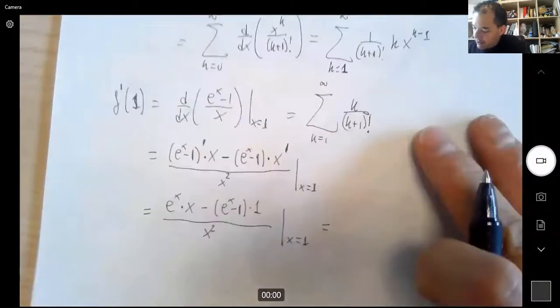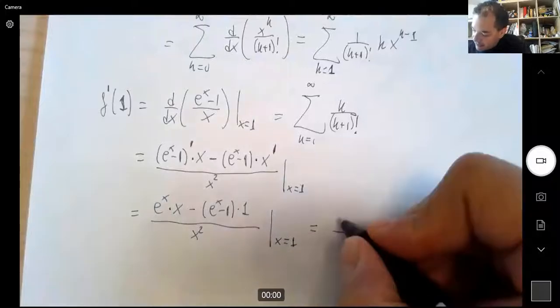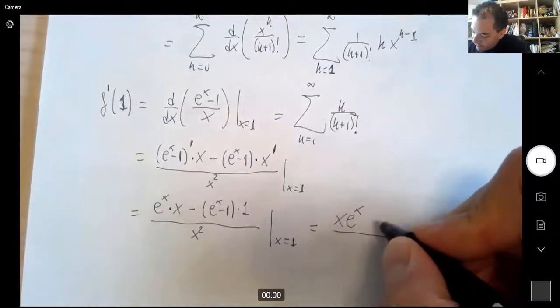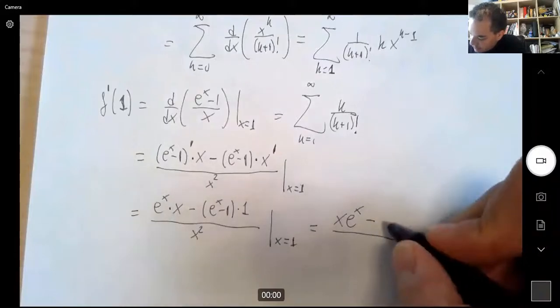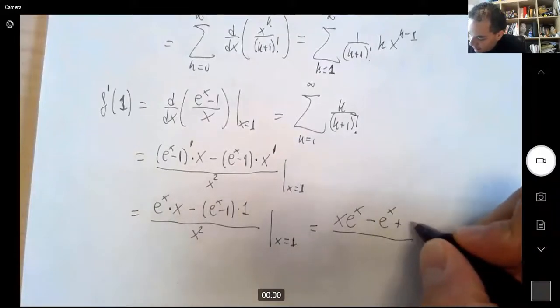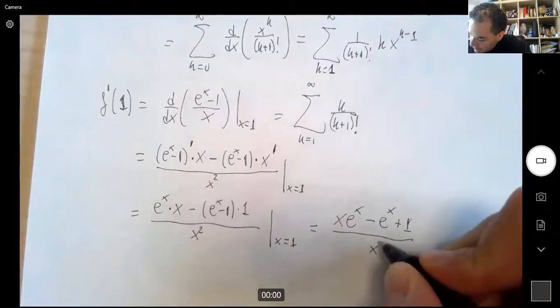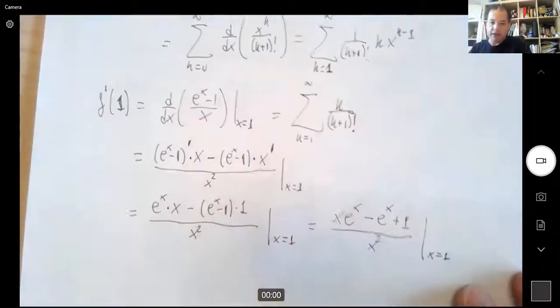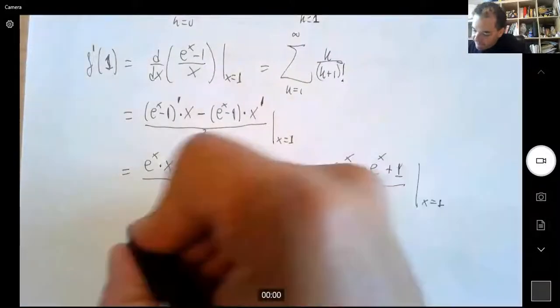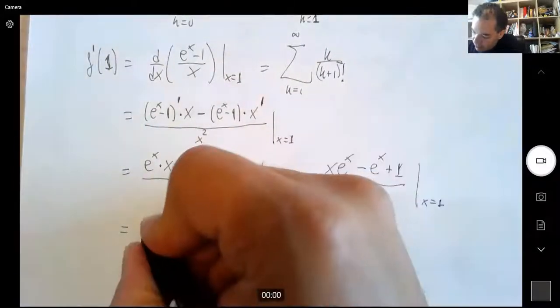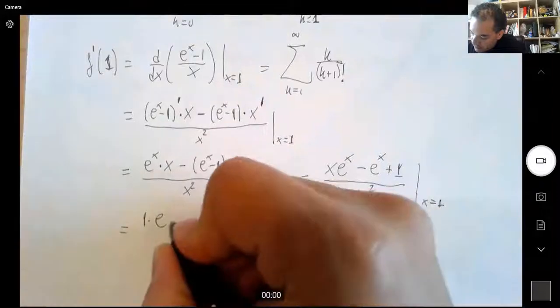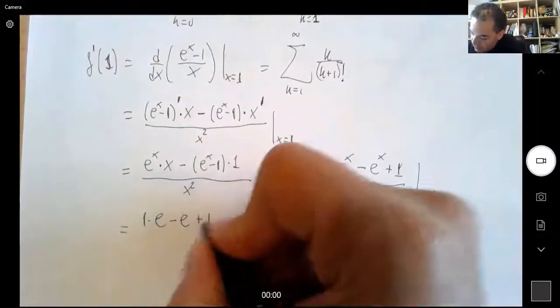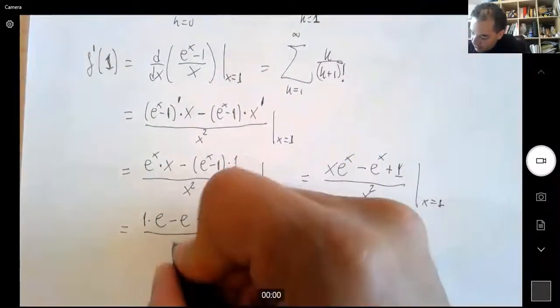So let's simplify. That is x e to the x minus e to the x plus 1 divided by x squared when we plug in 1. And now let's plug in 1. So this will be 1 e minus e plus 1 over 1.